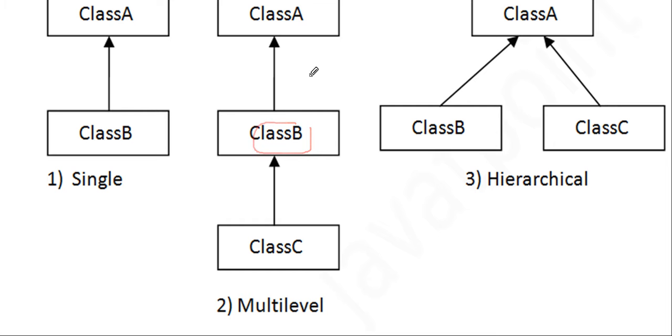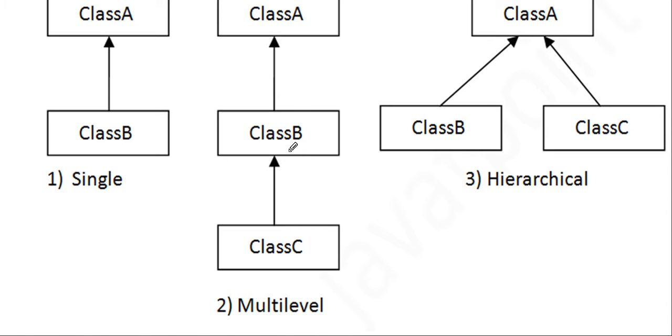Class B extends class A, meaning class B can use all the properties, that is, all the variables and methods belonging to class A, and class C can use all properties, meaning variables and methods, belonging to class B. So automatically class C can also use the properties belonging to class A. Class B is a subclass of class A and class C is a subclass of class B.